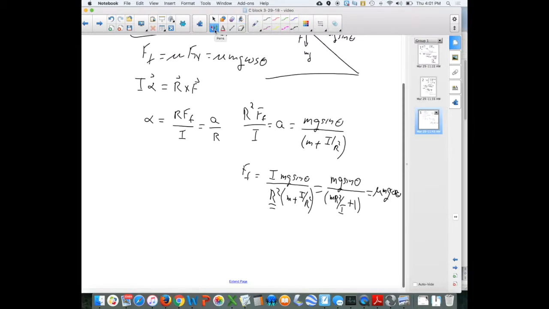So with a little bit of effort, this mg and that mg will cancel out, and I'm left with tangent theta over 1 plus m R squared over I is equal to mu.